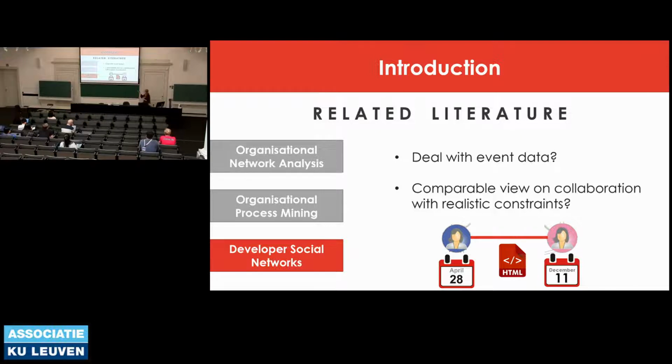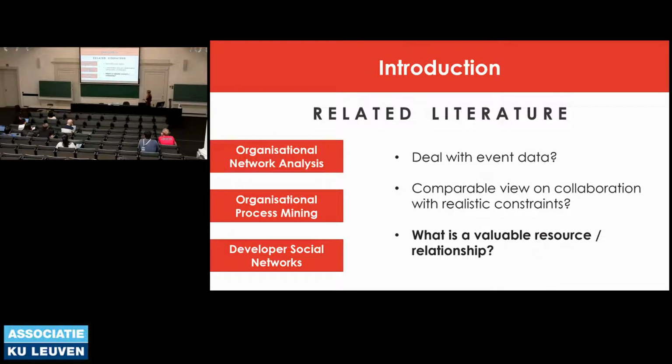But what if one of those developers worked on April 28th, and the other one worked on December 11th? I would say that is not collaboration because it's way too far apart in time. So there need to be some constraints, such as, first of all, the time window in which this collaboration took place, or the granularity, like working on one object or working on a dozen files is not the same.